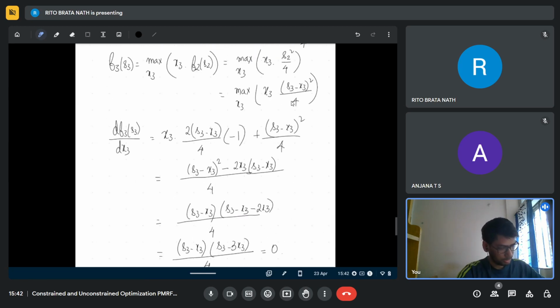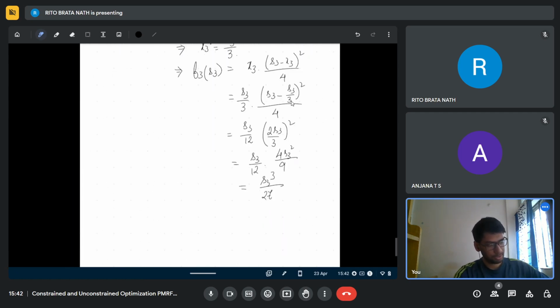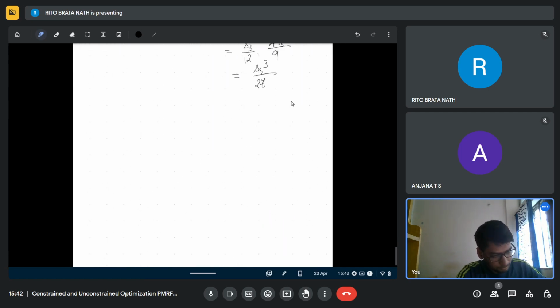Then the final one that is remaining is f4 of s4. So for that you can do max over x4 of x4 times f3 of s3.